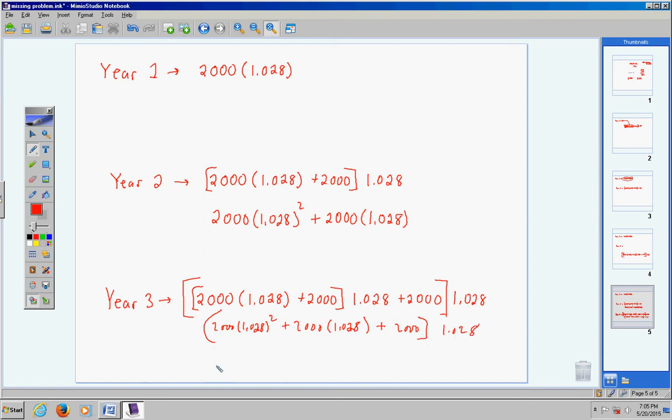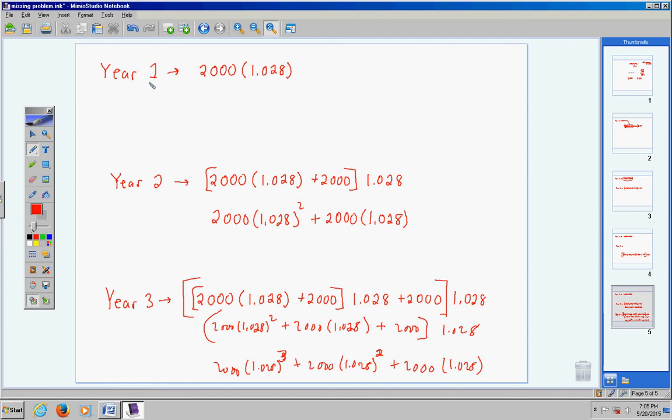So trust me, you'd end up with 2,000 times 1.028 to the third power plus 2,000 times 1.028 to the second power. I'd multiply this times this term, this times this term, and this times this term. Alright? And as I did that, all of my powers will increase. So here I have a third power, here a second power, plus then 2,000 times 1.028.